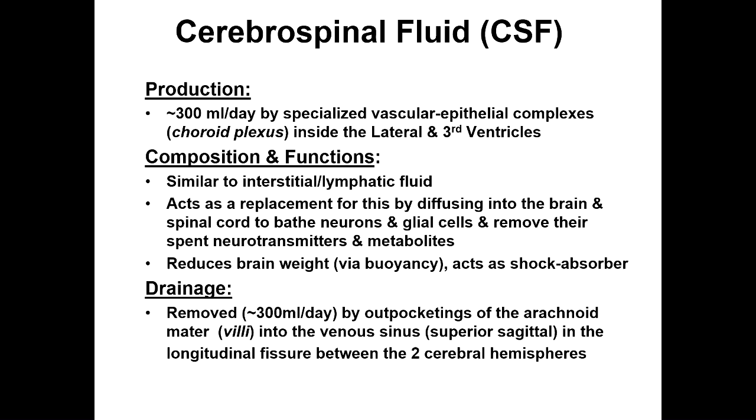The reason for this is that the brain and spinal cord do not contain lymphatic vessels. And so one of the major functions of CSF is to substitute or replace lymphatic fluid that you'd find elsewhere in the body. And the CSF diffuses into the brain and spinal cord substance where it bathes the neurons and glial cells that you find there.